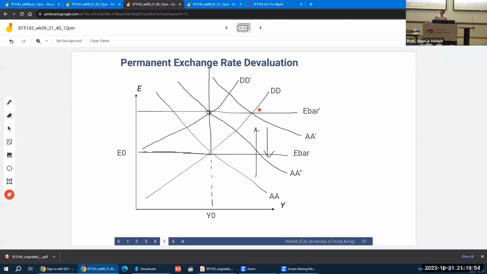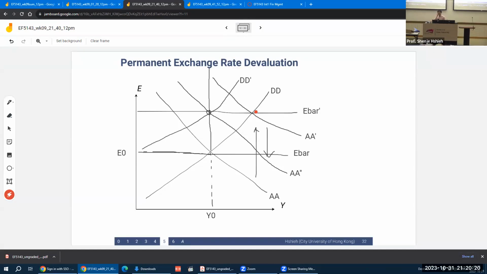So just based on what I just told you, it looks very much like monetary expansion, right? Because we're just shifting the AA schedule from here to here. And we're shifting just enough to hit that E bar, the new E bar prime. So everything so far should look precisely like monetary expansion.